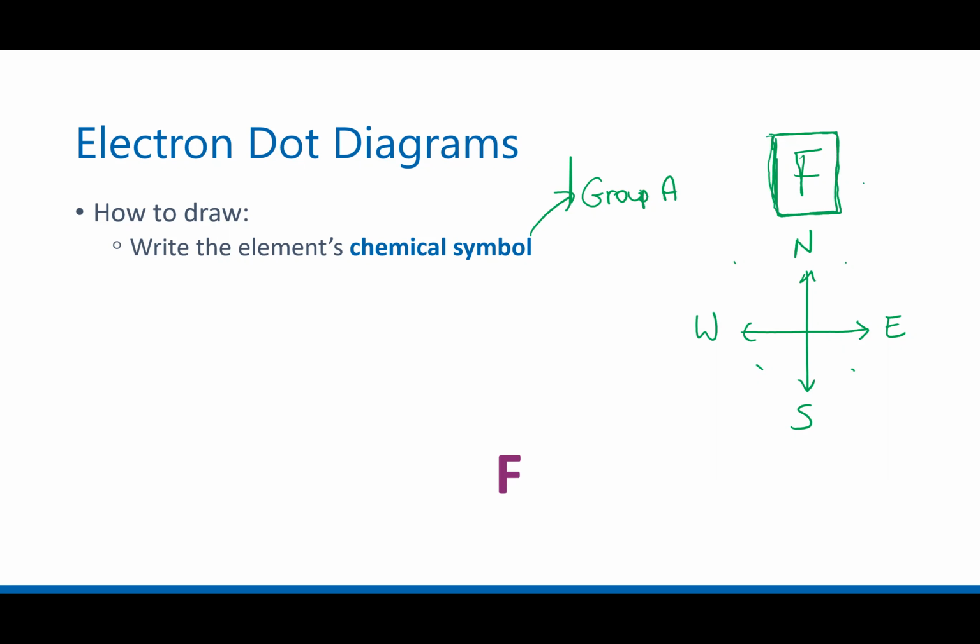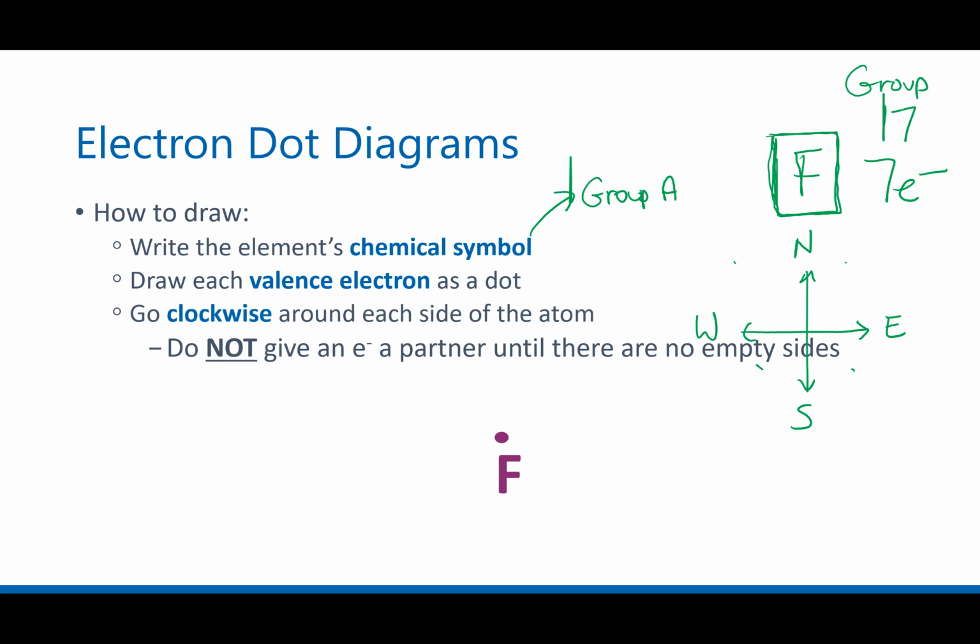So after you've written the element symbol, you then need to figure out how many valence electrons it has. Fluorine has 7 electrons because it's in group 17. So I'm going to need to draw at least 7 dots around this F. I draw them north, east, south, west, or top, right side, bottom side, left side, and I go clockwise.